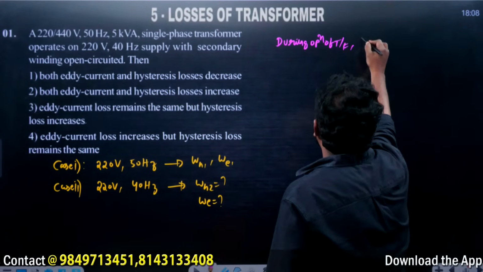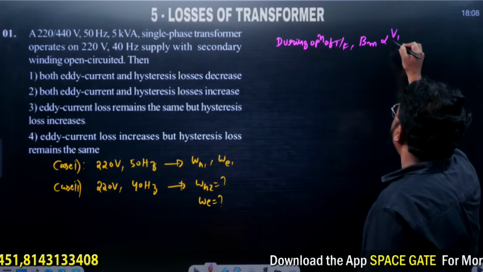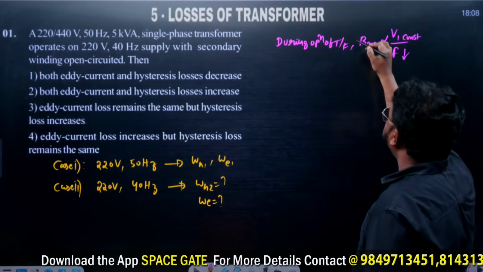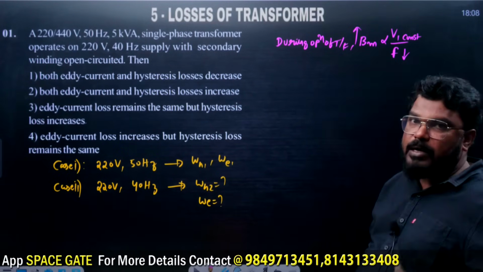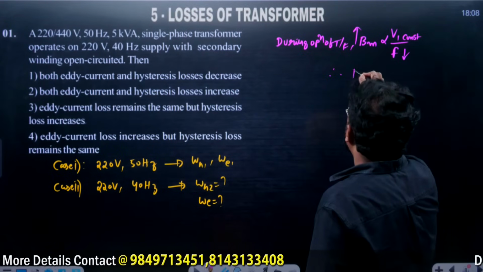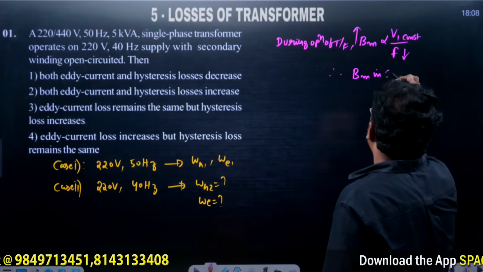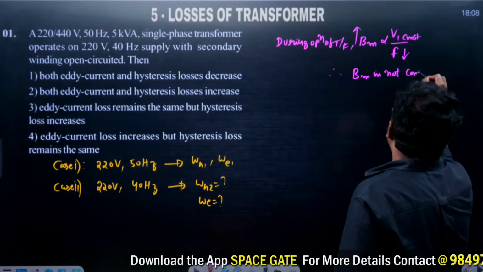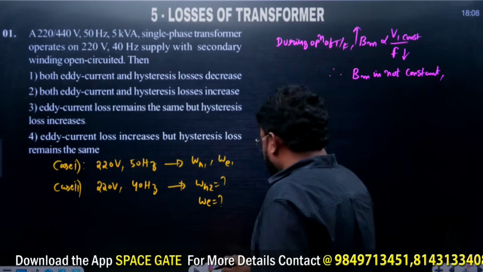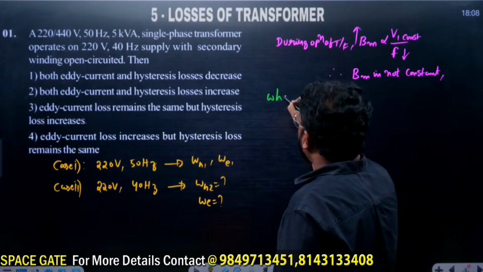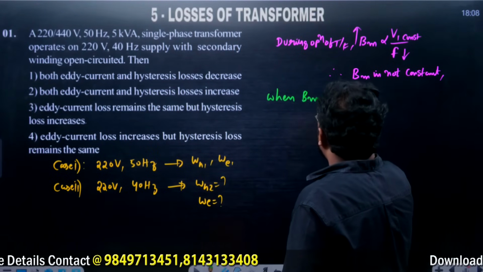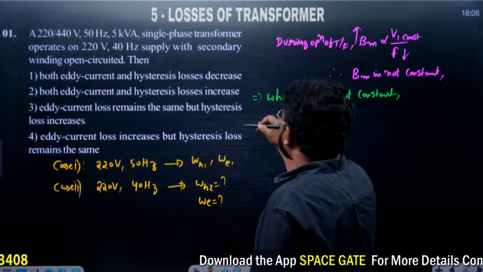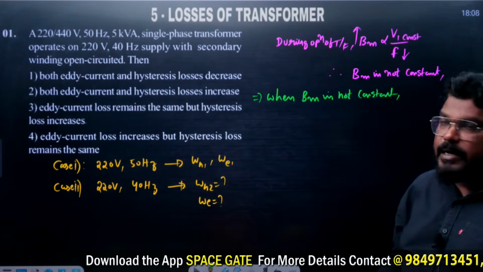So let us verify flux density during operation of the transformer. B maximum is directly proportional to V1 by F. By keeping voltage constant, when frequency reduces, flux density of the core will increase, so B maximum is not constant. So when B maximum is not constant, what will happen in the hysteresis loss and eddy current losses?